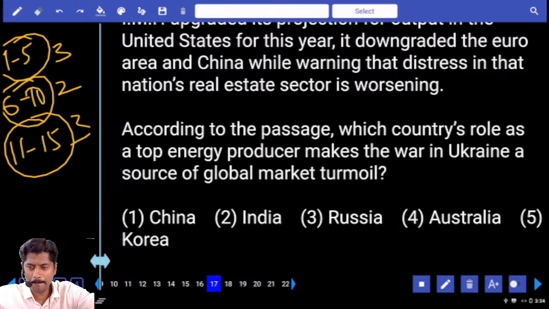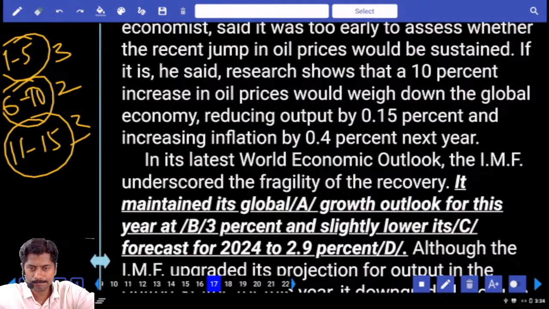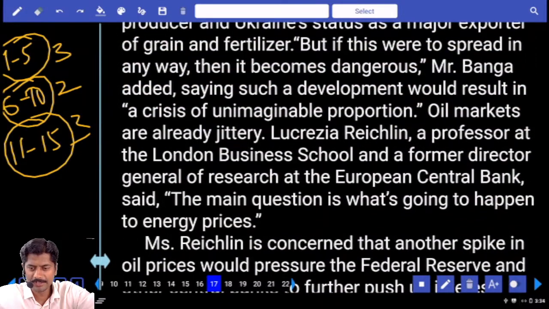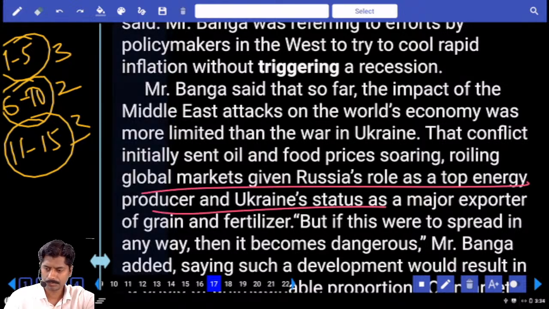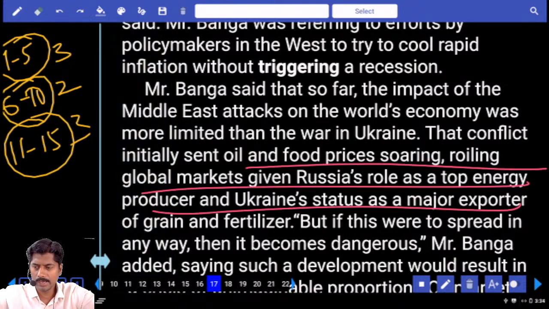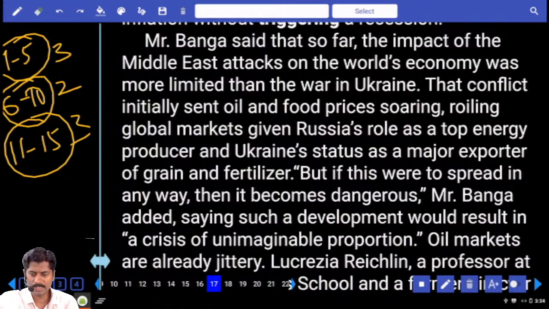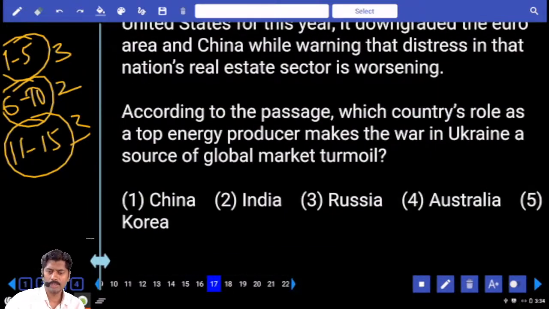So where is this? Top energy producer. Russia, where is it? Did I underline correctly? The conflict initially sent oil and food prices soaring, rattling global markets, given Russia's role as a top energy producer. So the answer is Russia.